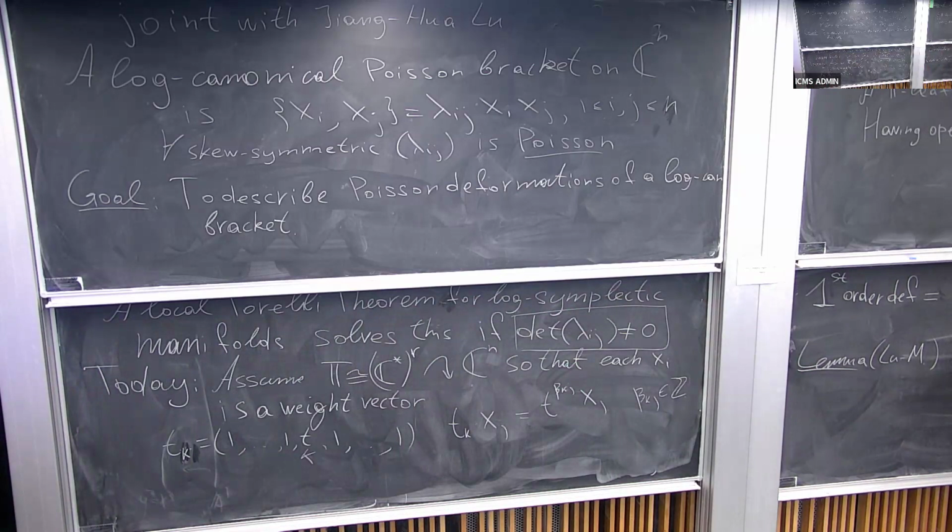One easy statement is that zero does always contribute. So the zero component contributes and it has dimension n choose two. That's the easy part. So that component corresponds to deforming the coefficients of lambda ij.